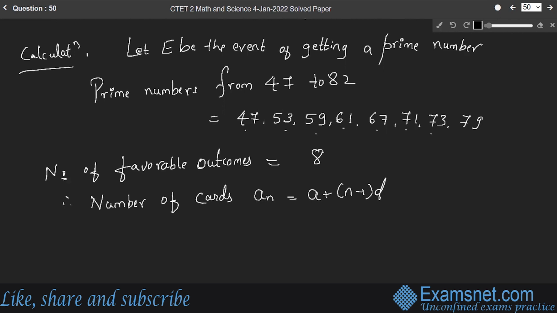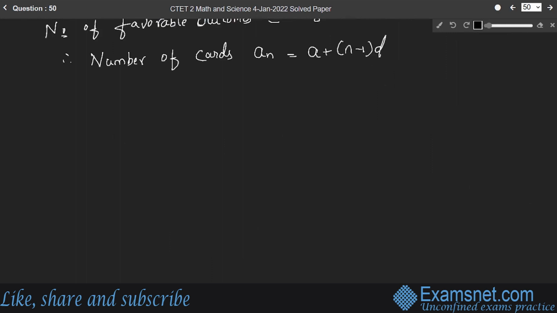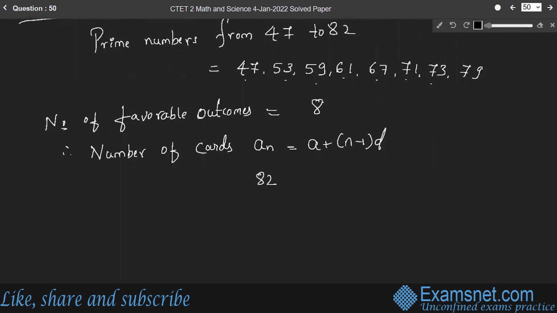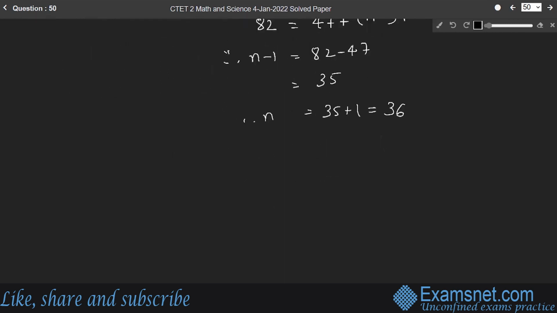Here an is 82. 82 is equal to a, the first term, that is 47, plus n minus 1 into difference, which is 1. Therefore, n minus 1 is 82 minus 47, that is 35. Therefore, n is equal to 35 plus 1, that is 36.